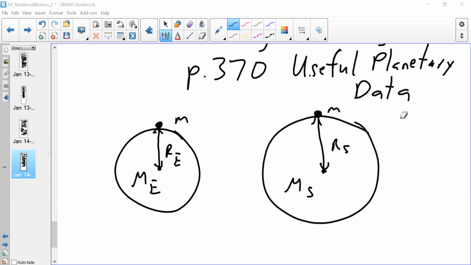Just from using energy principles, we can launch things into space. We have to calculate the speed first, and then we have to make a rocket with enough fuel mass in order to achieve that velocity.